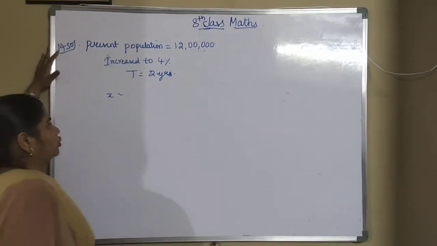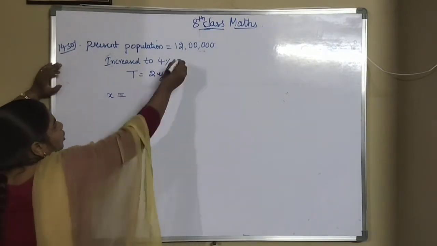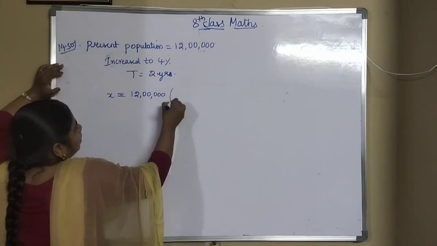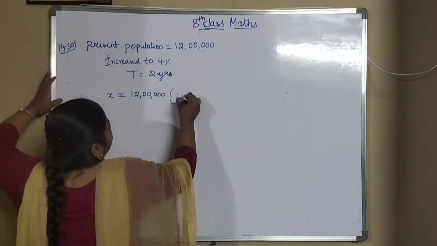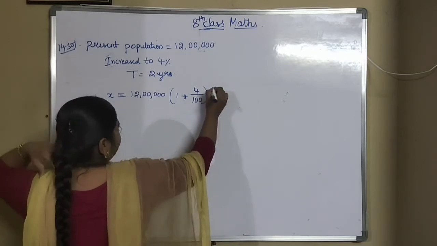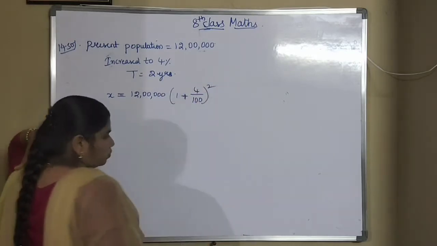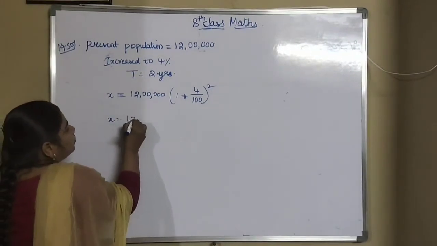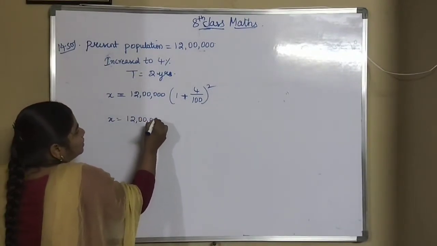The present population is 12 lakhs, into 1 plus the rate of interest 4 by 100, to the power of n, and n value here is 2.